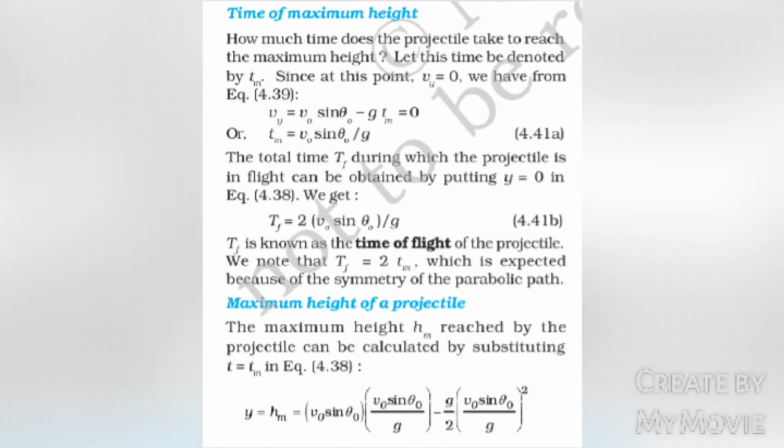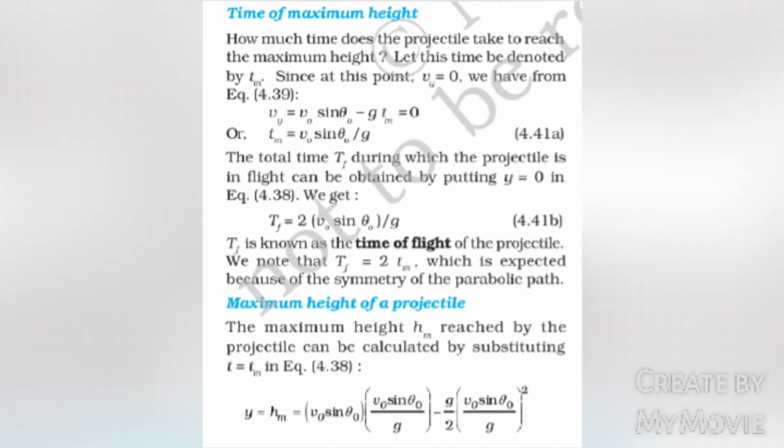The total time Tf during which the projectile is in flight can be obtained by putting y equals 0 in equation 4.38. We get Tf equals 2 into V0 sin theta naught divided by g. Tf is known as the time of flight of the projectile. We note that Tf equals 2 Tm, which is expected because of the symmetry of the parabolic path.